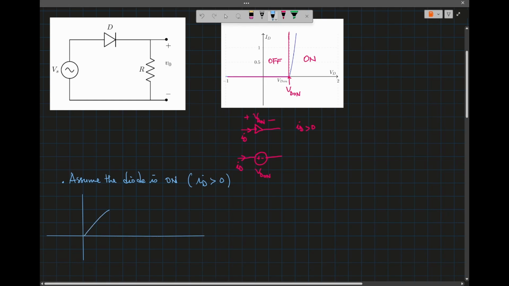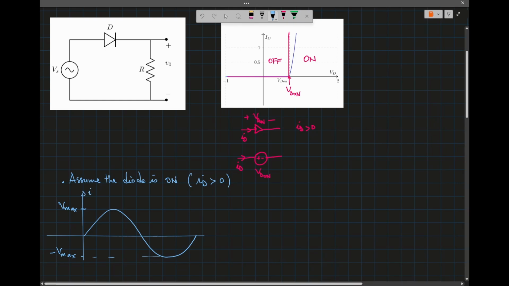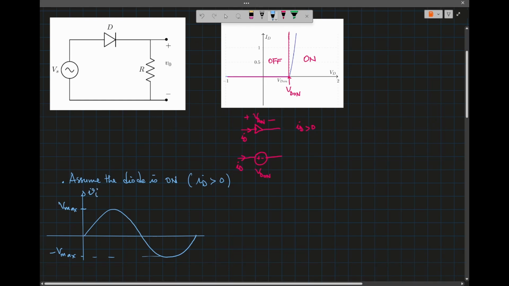So let's say that I have something like this, and this is Vmax, and that will be minus Vmax. So the input voltage must be at least bigger than VD on to be able to turn the diode on. Okay, so VI here.